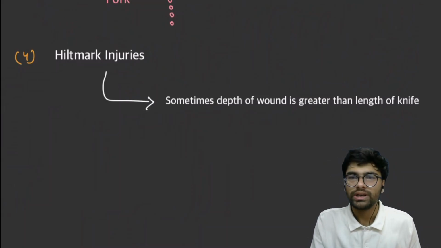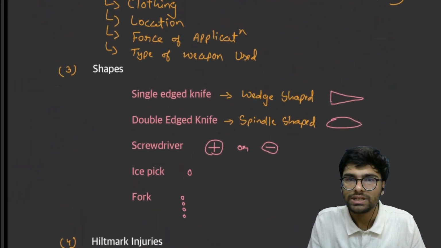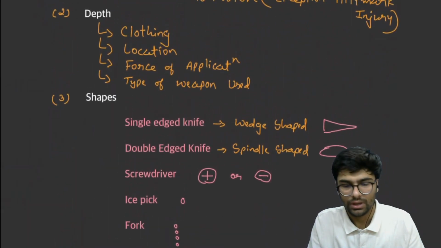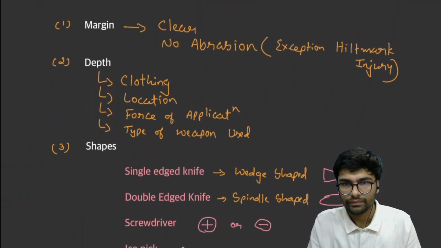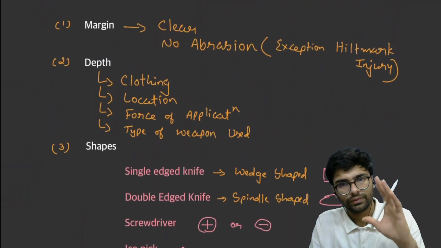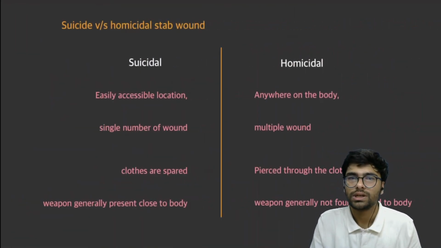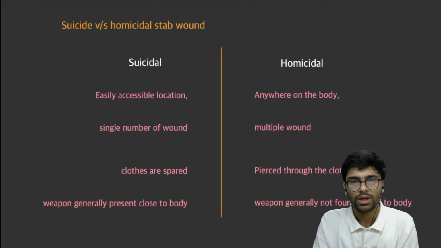So these 4 points, very simple. One is hilt mark injury, another is the shape, in which we have discussed the 5 weapons. Then we have depth of injury and margin of injury. Very simple. Then comes the difference: suicidal stab wound and homicidal or murder stab wound.